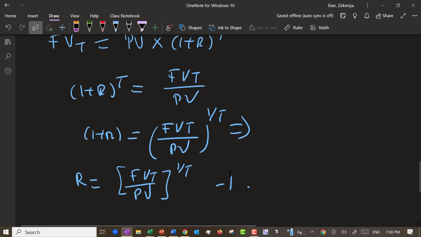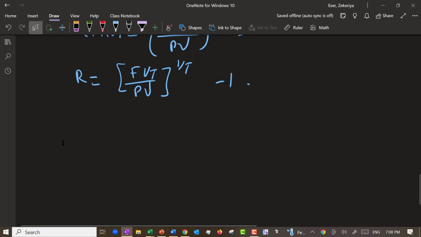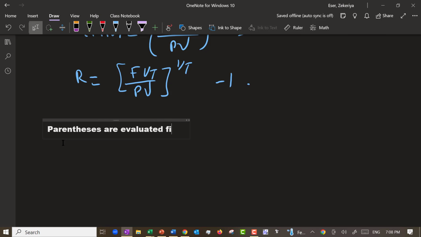And that order of operations: parentheses are evaluated first, then exponentiation, then multiplication and division, then addition and subtraction.